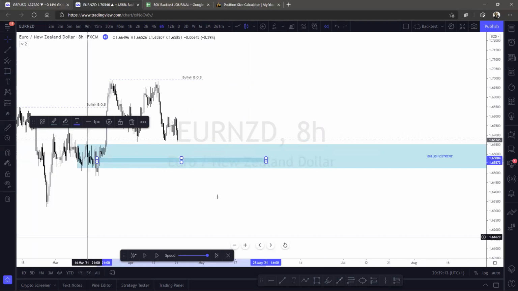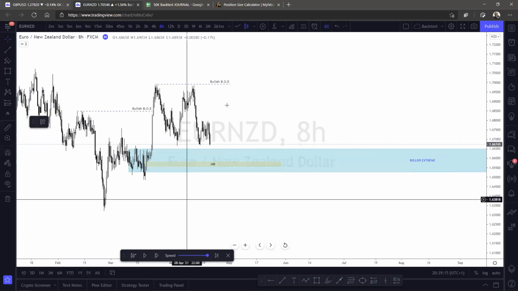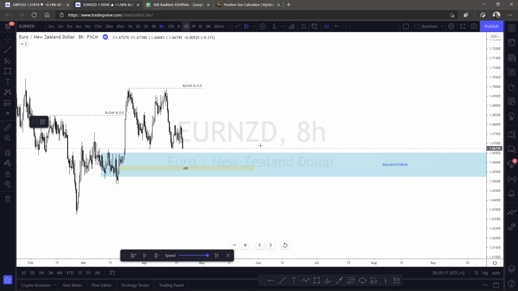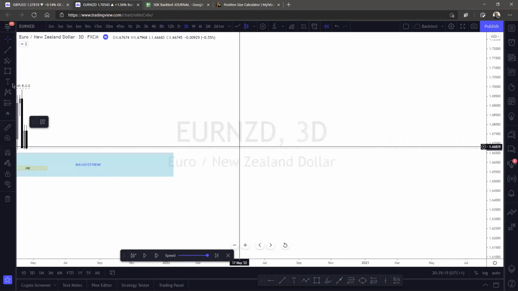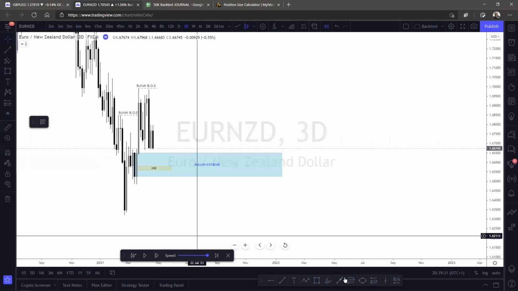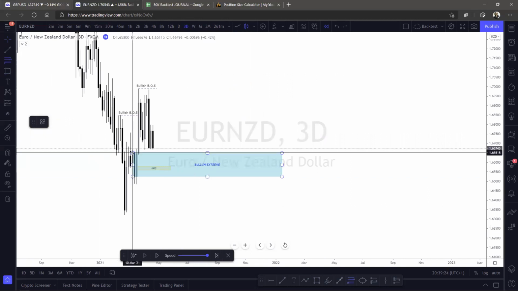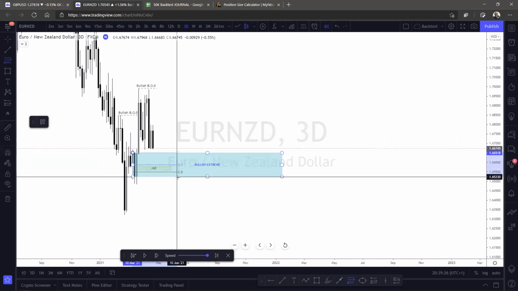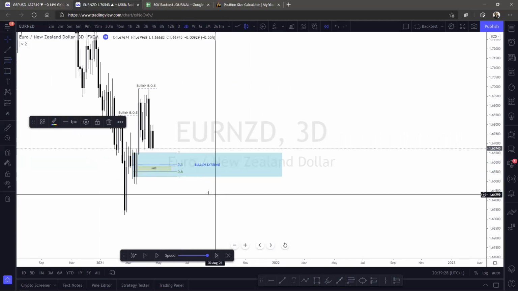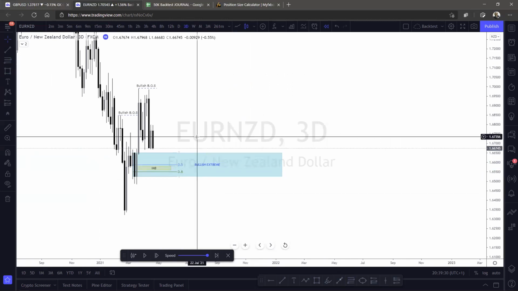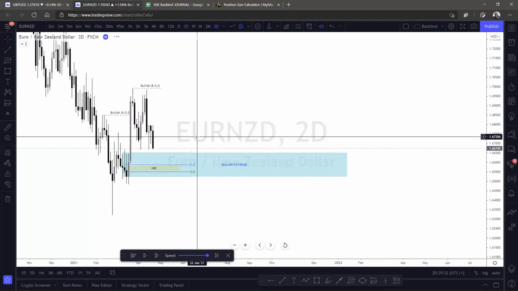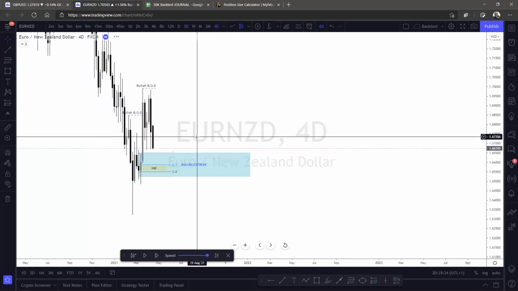Balance. Okay, and let's come back up to the 3-day. Let's try a 2-day maybe, or 4-day, 3 days.